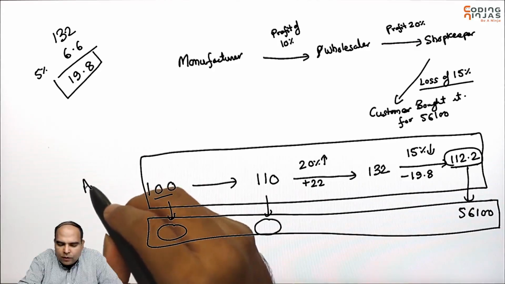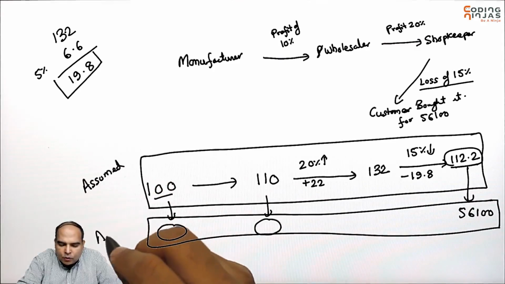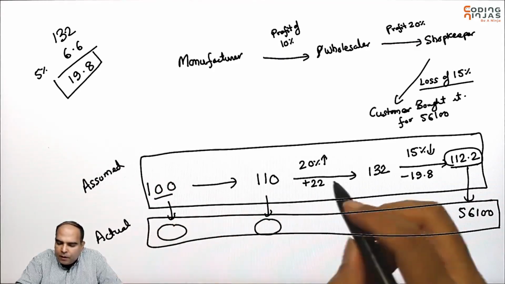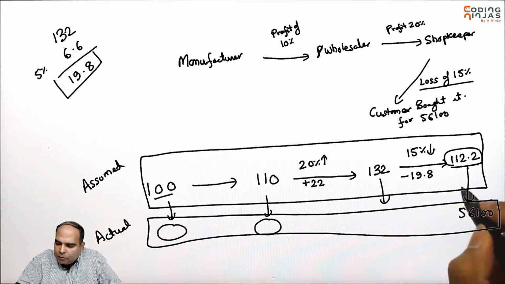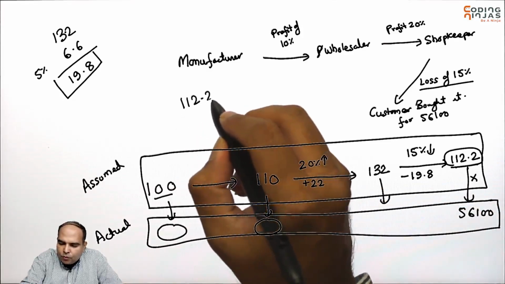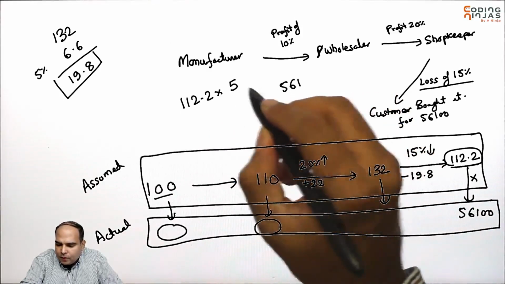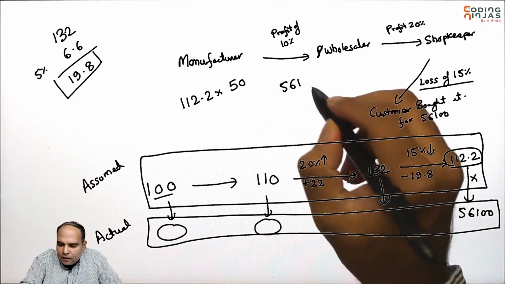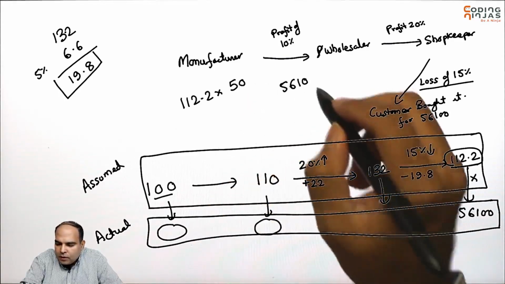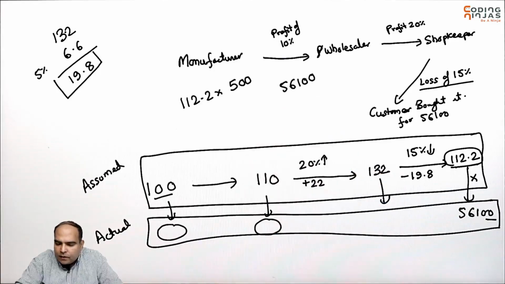These are your assumed values, and between the assumed values and the actual values there will be a multiplier running. 112.2 multiplied by 5 becomes 561. So since there are two zeros in the number, your multiplier is 500.